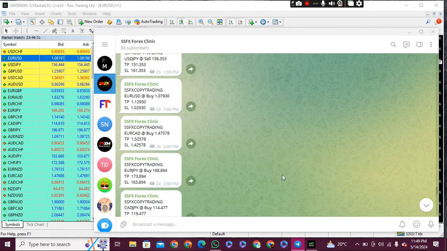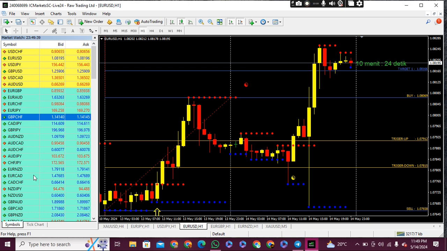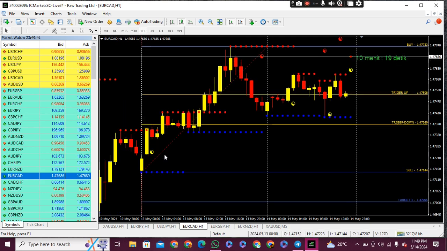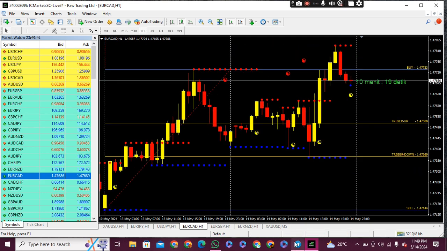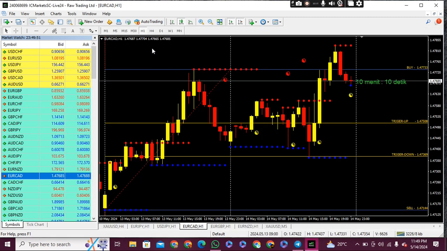Hata hatujafika New York session. So tuko na Euro USD, tuko na Eurocard. Eurocard has been struggling, but yeah, let's see. So we had a buy signal from 1.4757, and this one has really been struggling. Not so much activity, but I think from tomorrow, let's observe it.